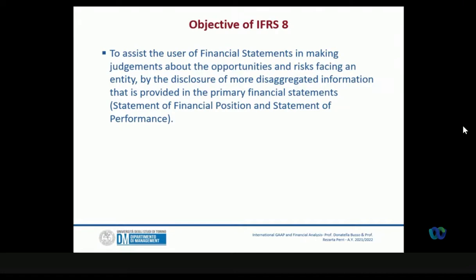What is the purpose, the meaning and the need that we have to apply an IFRS standard only covering the preparation and disclosure of information about the different segments? Usually, what we find in the financial statements as users is very aggregate information.